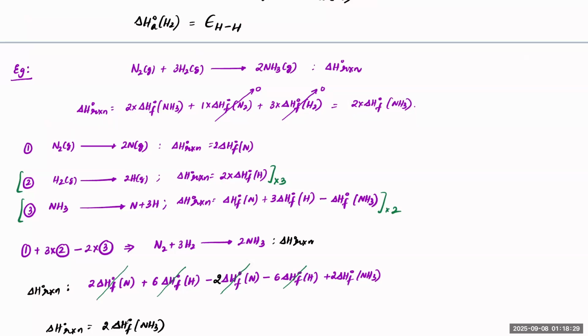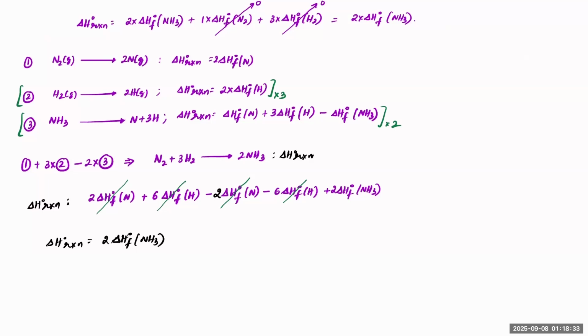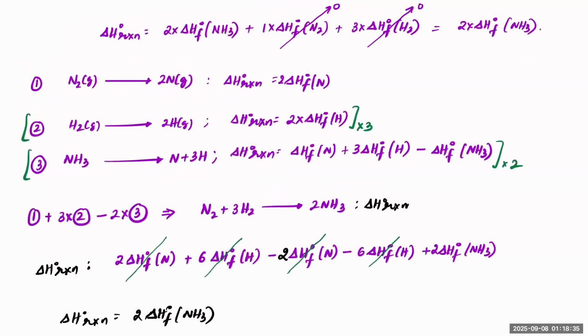Okay. Now let me introduce the definitions we learned. What is the definition we learned? Check out. If you are breaking the nitrogen N and N bond here, that can be written as epsilon N triple bond N. That is what you are breaking, correct?